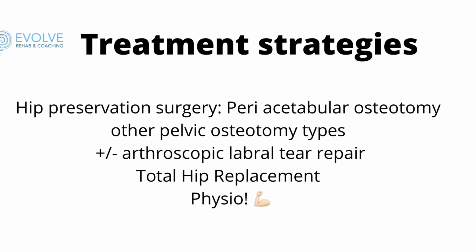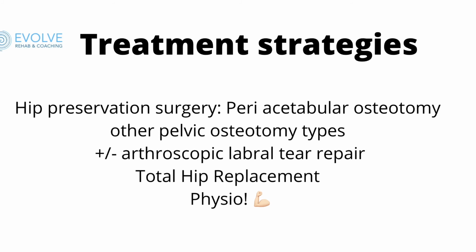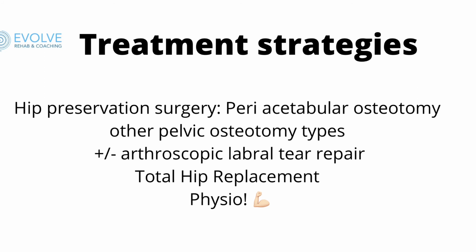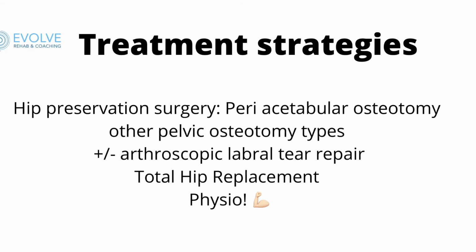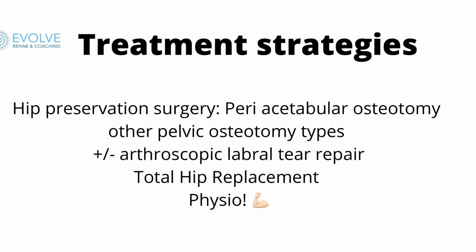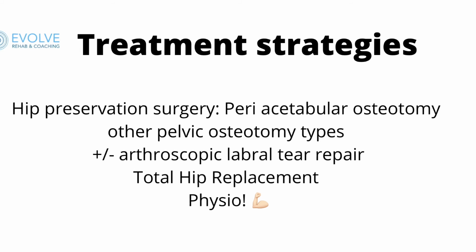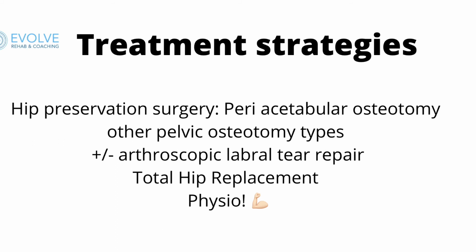Now, it is generally contraindicated to do just a labral tear repair and not correct the dysplasia, as doing that repair actually requires cutting into a little bit of the acetabulum. So you're making the bony structure slightly less stable, and you're also not correcting the cause. So more than likely the person's just going to re-tear their labrum.